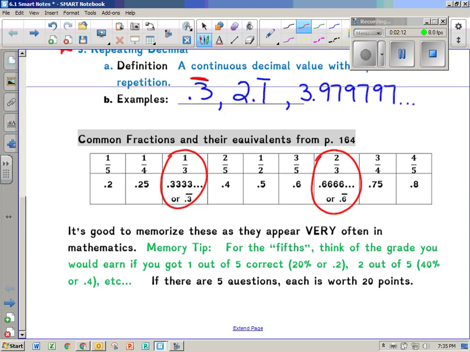You can just read the little memory tip here a little bit later. Spend a little time getting familiar with these, the ones that you're not already familiar with. Probably 1/4 and 1/2 and 3/4 you already know. And then that only leaves the fifths that are left.